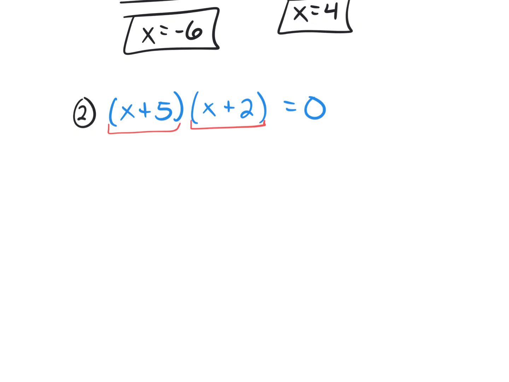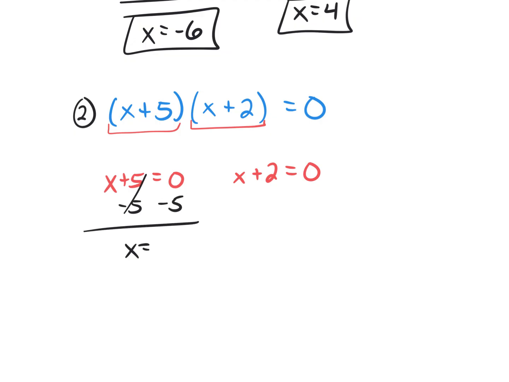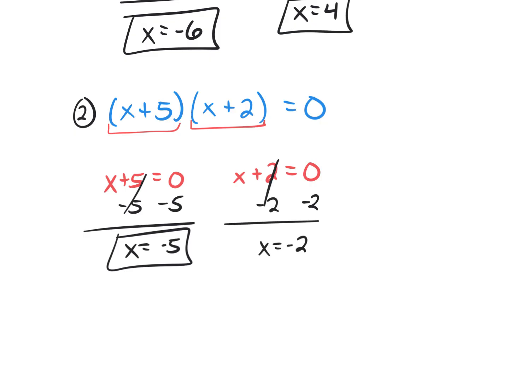Set expression equal to 0. Correct. So this turns into x plus 5 equals 0 and x plus 2 equals 0. How do I solve x plus 5? Subtract 5. So we have x equals negative 5. Subtract 2. We have x equals negative 2.